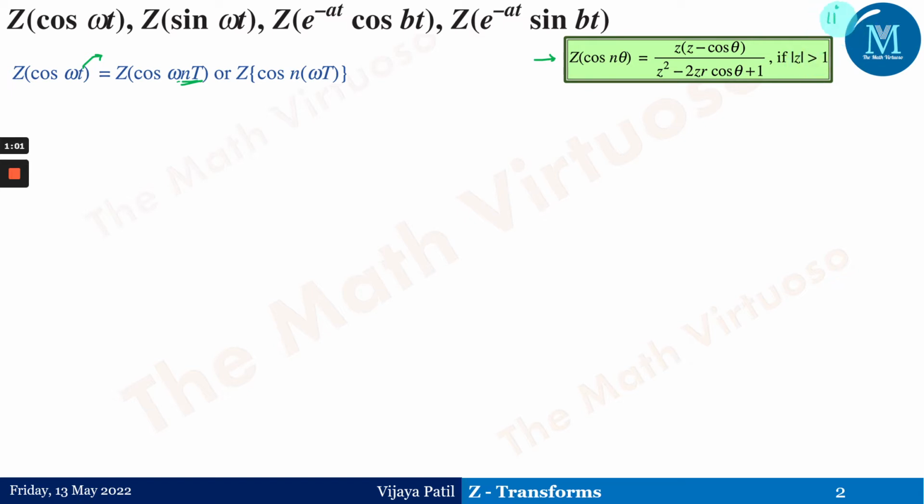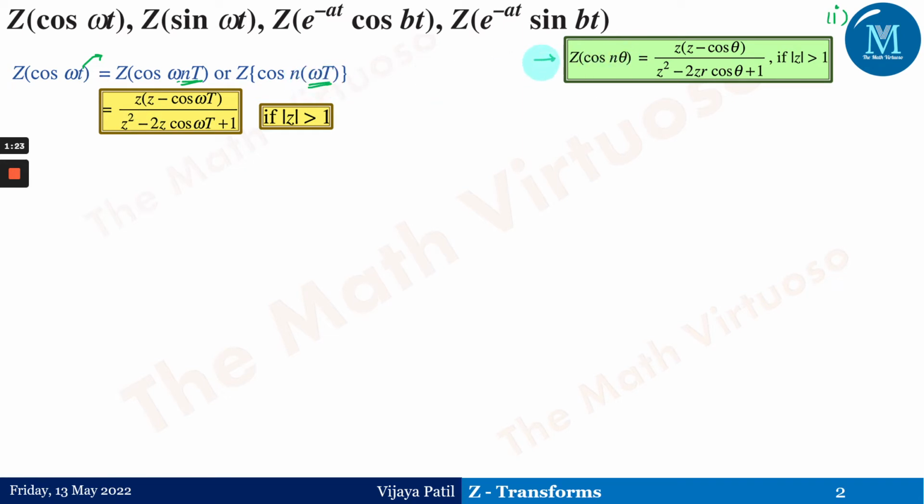Please go to the I button and look at the previous sessions where we have already discussed the Z transforms of these standard functions. Now we are making use of this particular fact, and we can directly write down the Z transform of cos of n omega t as z into... So what are we going to do here exactly? Here theta is getting replaced in this formula.